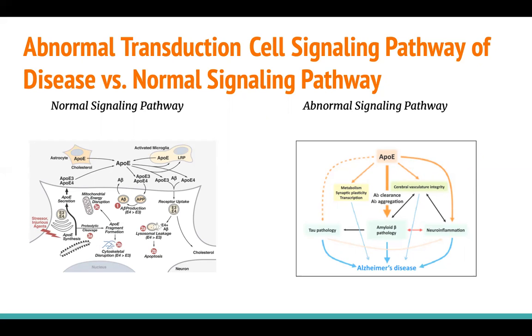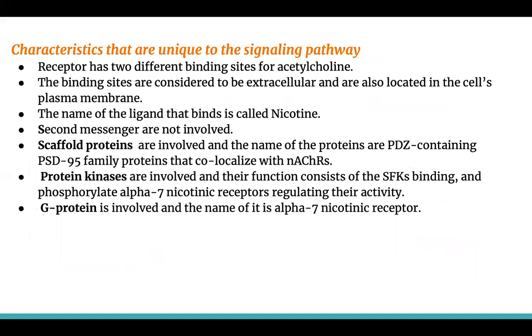One where the metabolism, synaptic plasticity, transcription, then the cerebral vascular integrity. Then you have A beta clearance and A beta aggregation. Essentially, both of these create amyloid beta pathology, and then that causes neuroinflammation, and then you have a tau pathology, and this essentially leads to Alzheimer's disease.